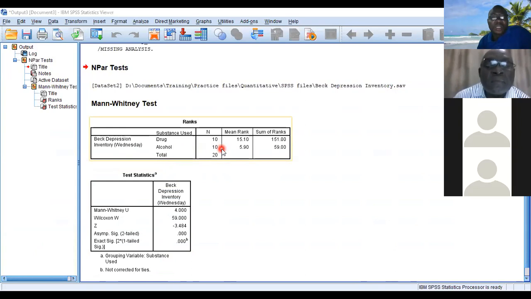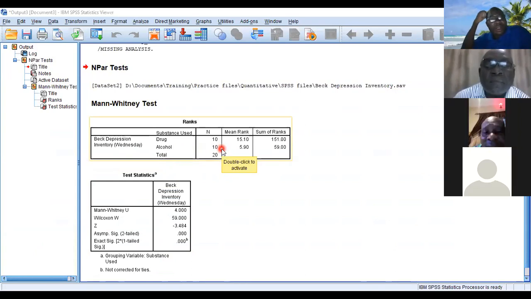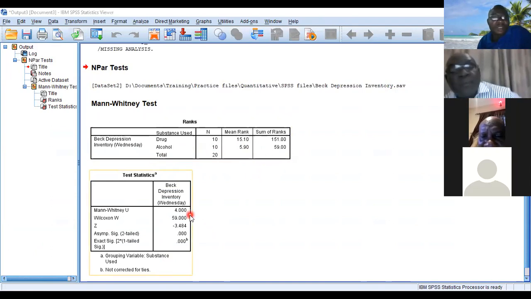This is the group, drug and alcohol, depression on Wednesday.